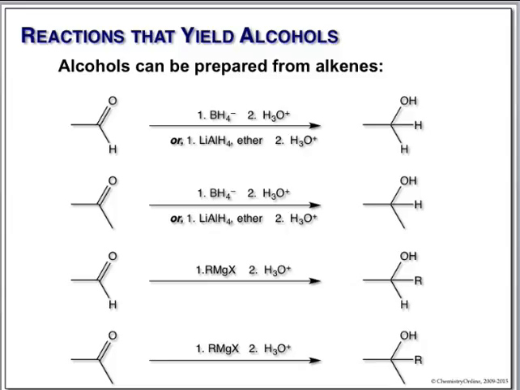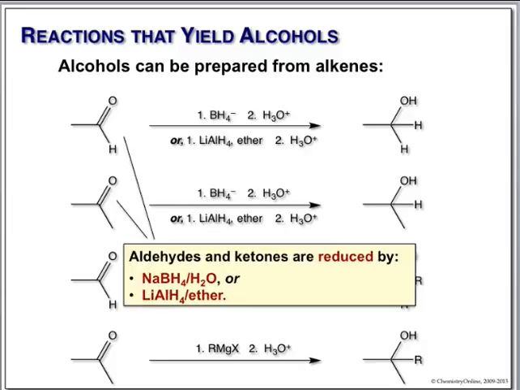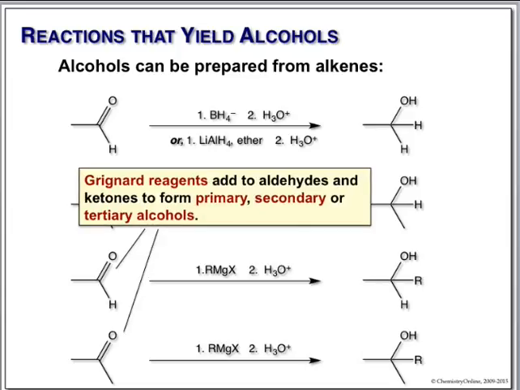If we have a ketone, do the same reaction, we make the tertiary alcohol. Aldehydes and ketones are reduced by borohydride or lithium aluminum hydride. Various reagents added to aldehydes and ketones get primary, secondary and tertiary alcohols. Any questions?